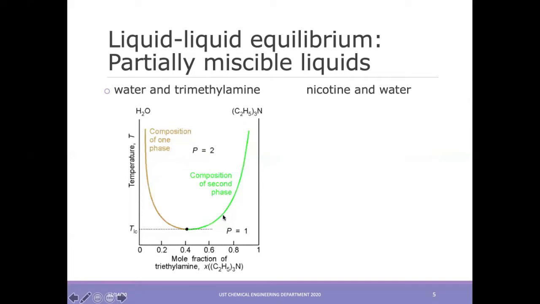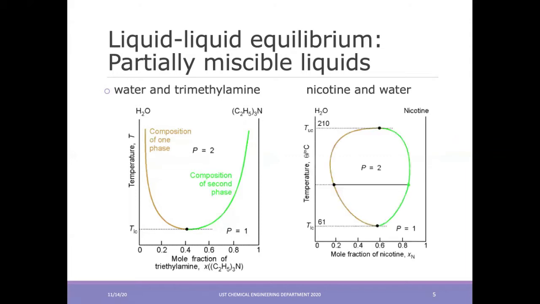Opposite of the previous graph, this shows a lower critical temperature, or lower consolute temperature. Below this, they mix in all proportions, while above it they form two phases. This curious behavior can be attributed to the formation of a weak complex, which decomposes at higher temperature.